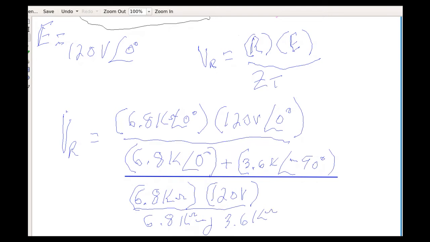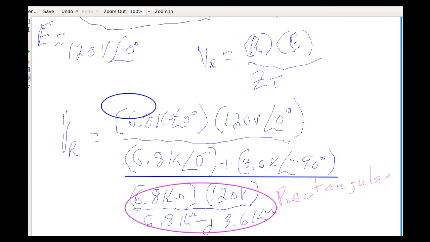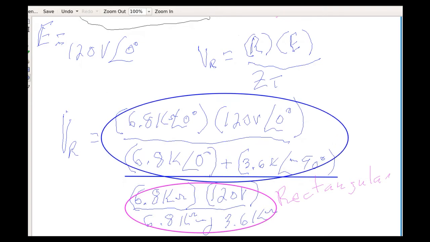So this down here is the same equation that's above the blue line, but this is in rectangular form. And this one up here is polar.